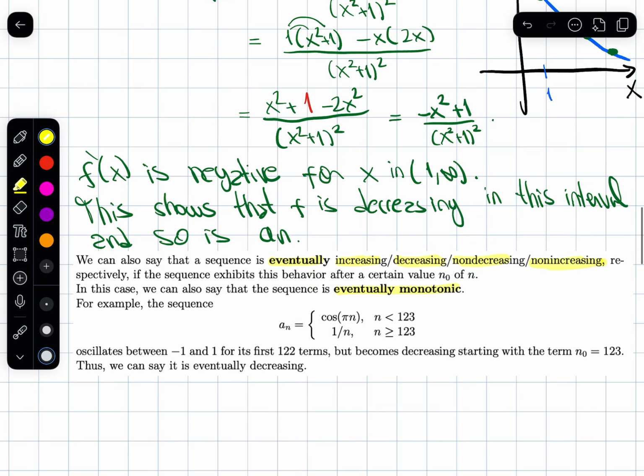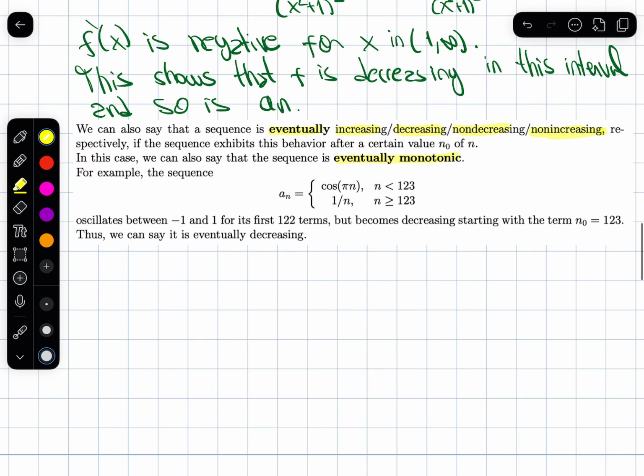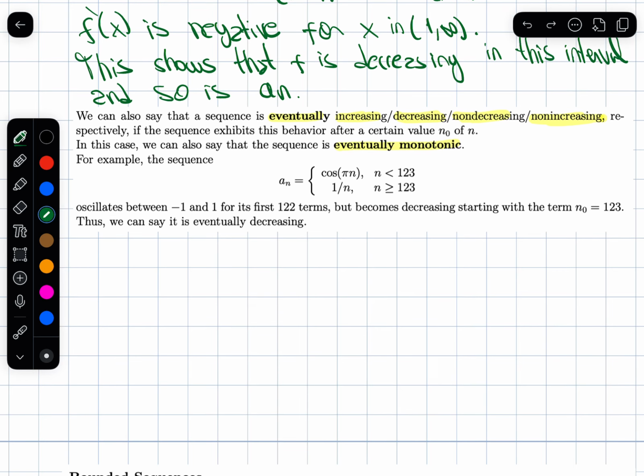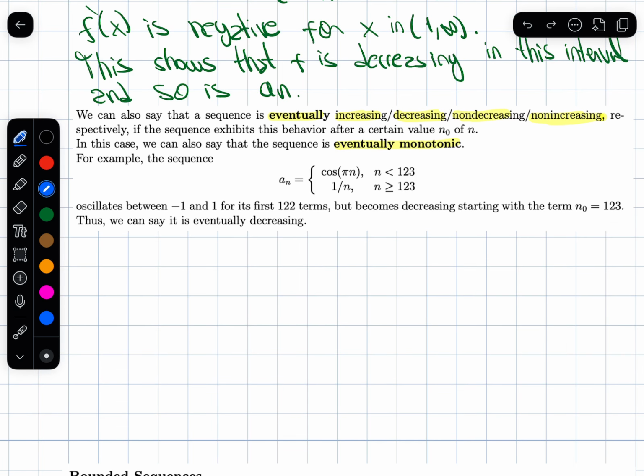So as an example right here, you can see this sequence of mine, if I talk about cosine of pi n. Get a little closer. I can plug in a_1, so n being 1, n less than 123 of course. And so I'm calculating the cosine of pi times 1, and the cosine of pi is -1.